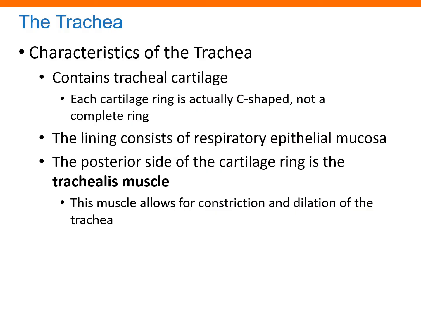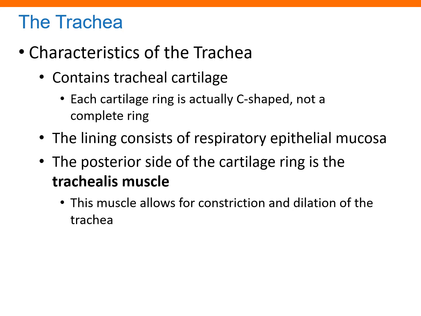From the larynx, we now extend ourselves down the full windpipe known as the trachea. The trachea itself is going to be composed of several tracheal cartilage rings. These rings are actually C-shaped and not a complete ring. This is designed so that the diameter of the actual trachea can increase or decrease in size.